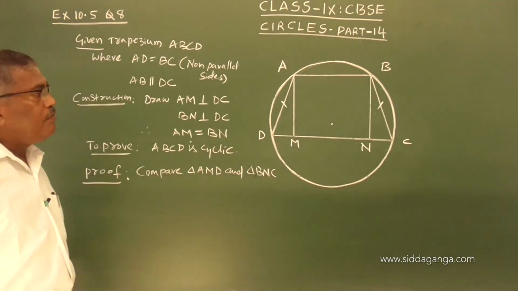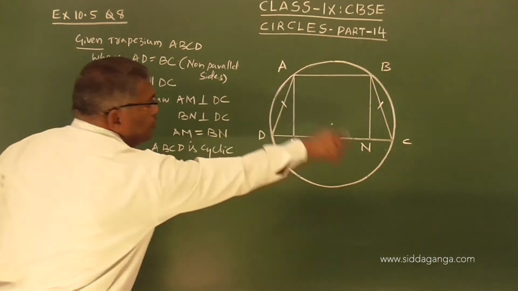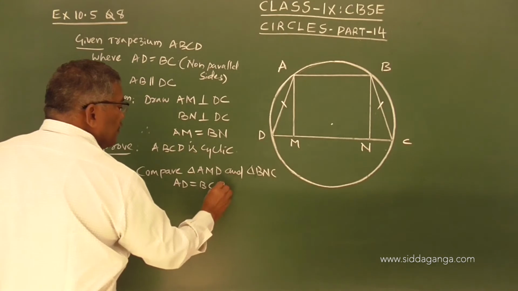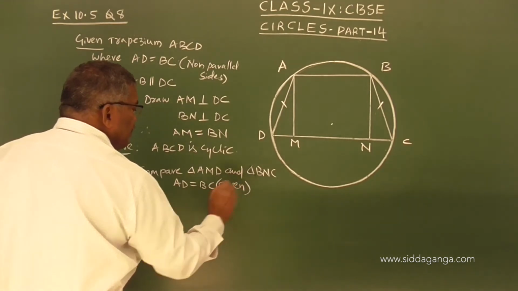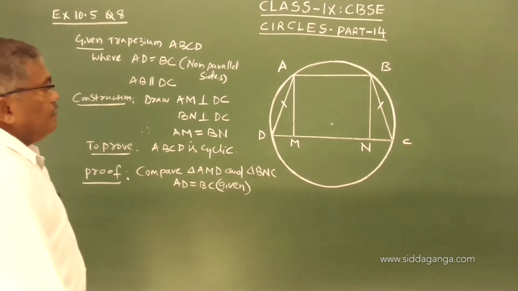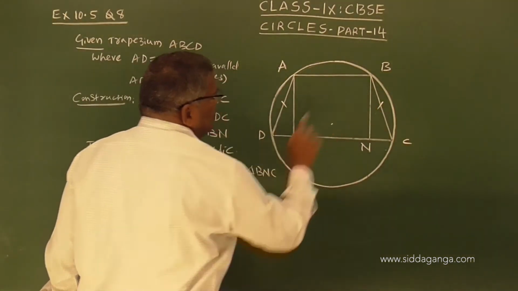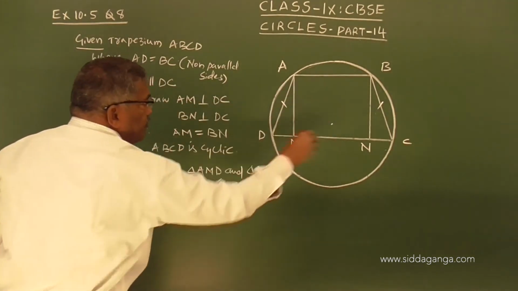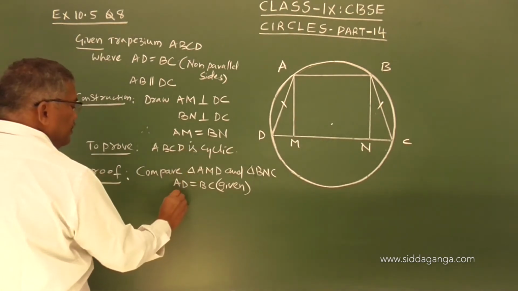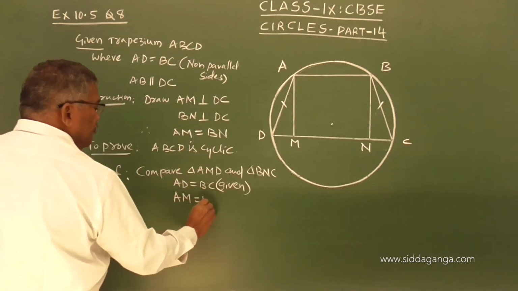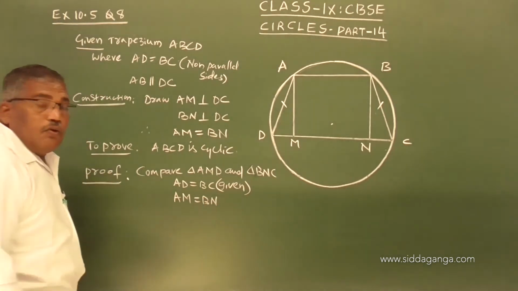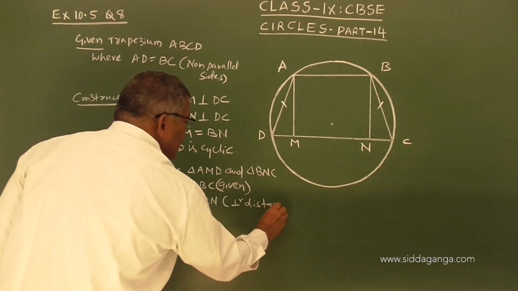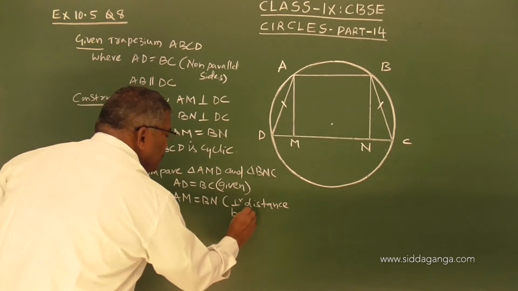In these two triangles, if you observe, AD is equal to BC, given. It is given. Now, this side is equal to this side. AM equals BN. Both are perpendicular distances between parallel lines.